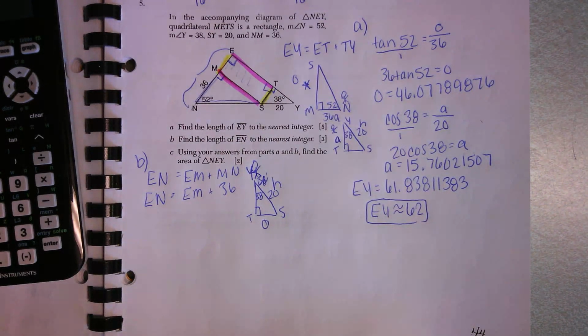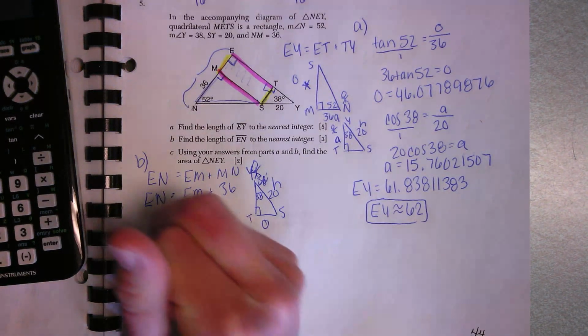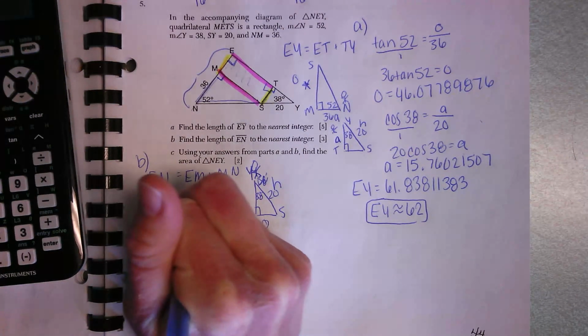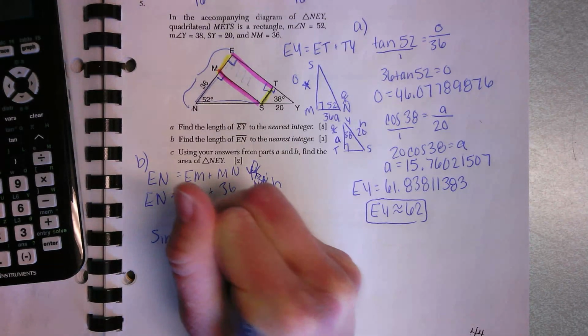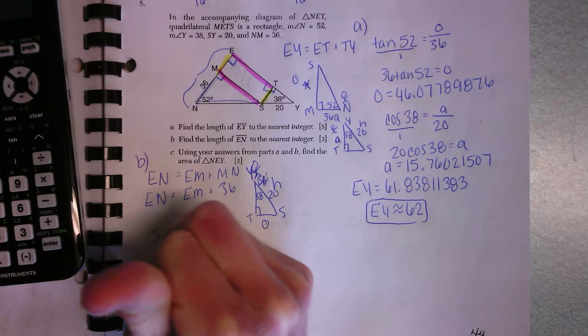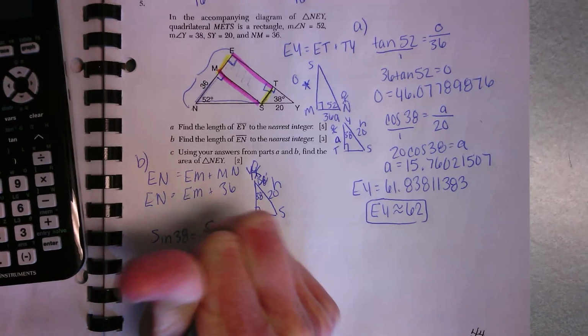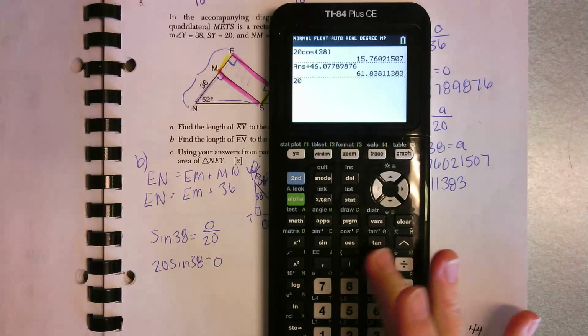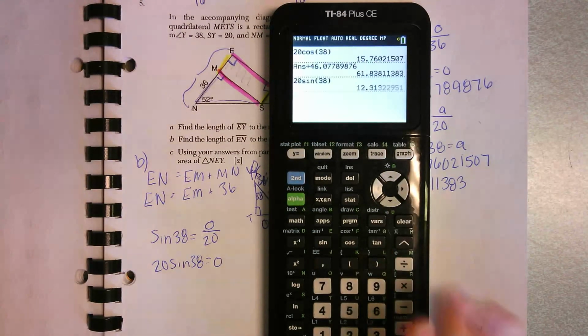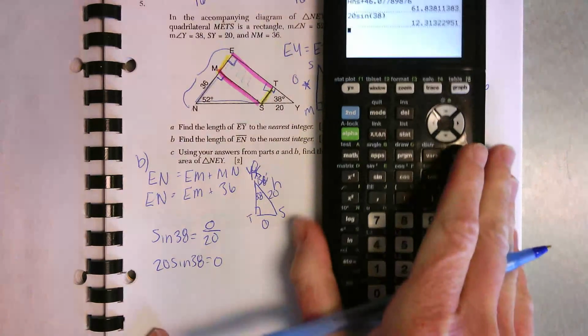So we're going to be using sine. The sine of 38 is equal to opposite over 20. So 20 times the sine of 38 is equal to the opposite length. So 20 times the sine of 38 is equal to that.